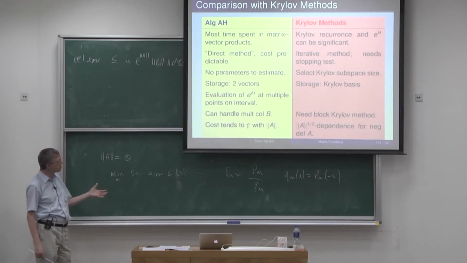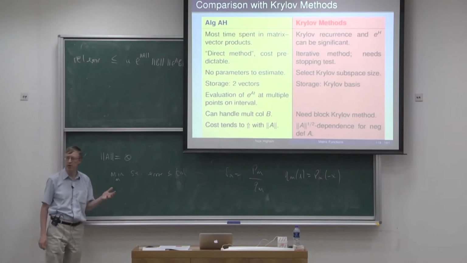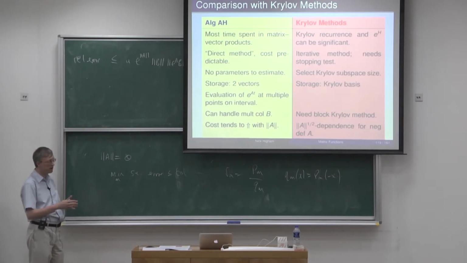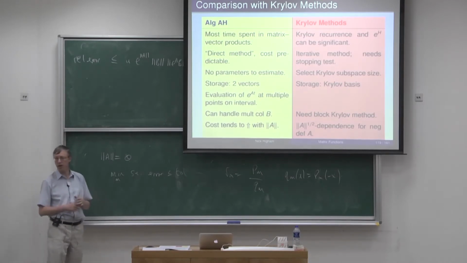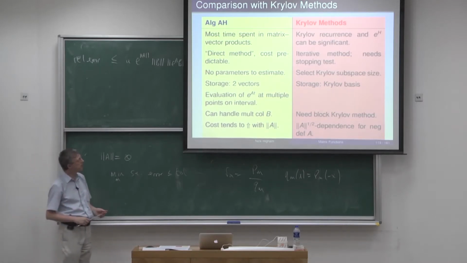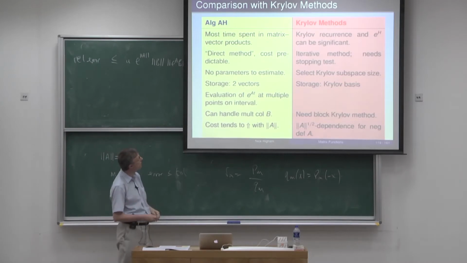So if you only want single precision versus double, there is a saving in work, but it's not huge. So somehow the Taylor series, or in the rational case, the Padé approximant, needs quite a while to get going, and then once it's got going, it delivers high accuracy quite suddenly. But asking for low accuracy, somehow it's still got to go quite a long way to get that low accuracy. So that's another way in which this differs from the Krylov method, I guess.